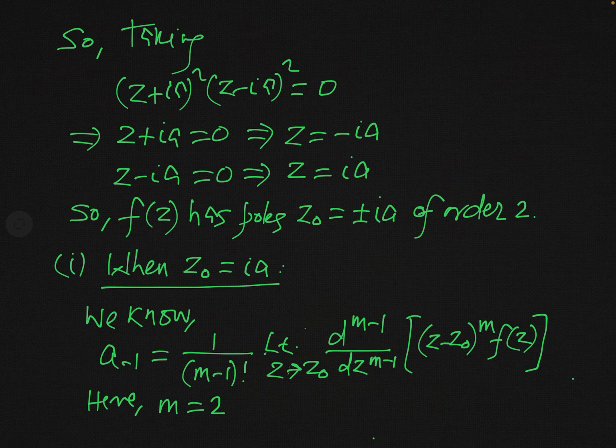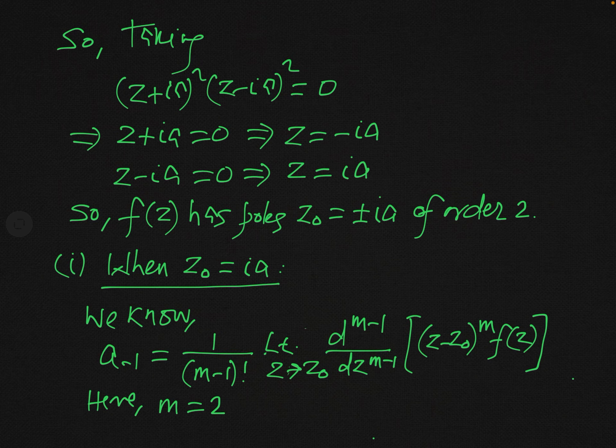First one is z plus ia equal to 0, which gives z equal to minus ia. And the second is z minus ia equal to 0, which gives z equal to ia. So you can see that there are two poles: z equal to minus ia and z equal to plus ia.